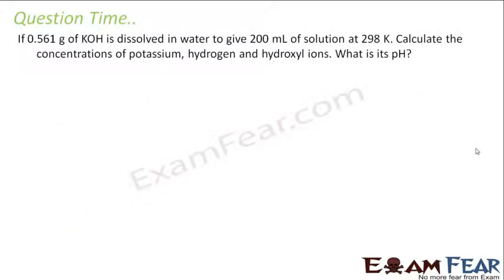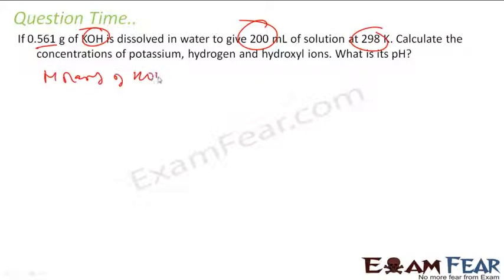So the question says 0.561 gram of potassium hydroxide is dissolved in water to give 200 ml of solution at 298 Kelvin. We have to find the concentration of hydroxyl ion. So everything we deal in moles per liter, right? So let's find the molarity of KOH.